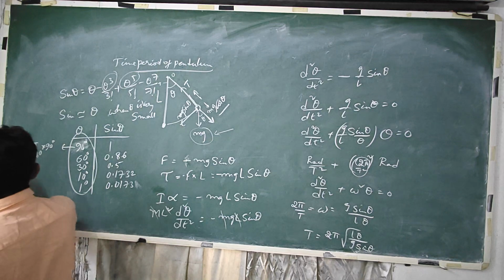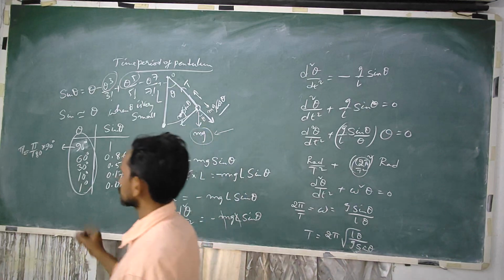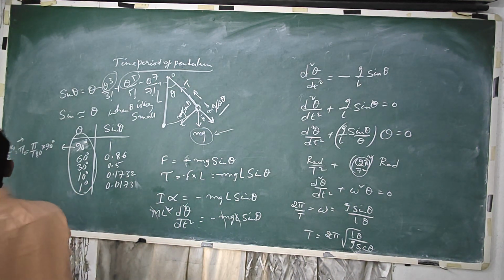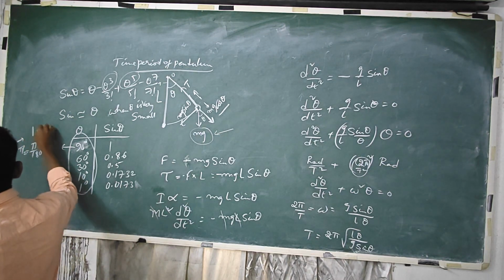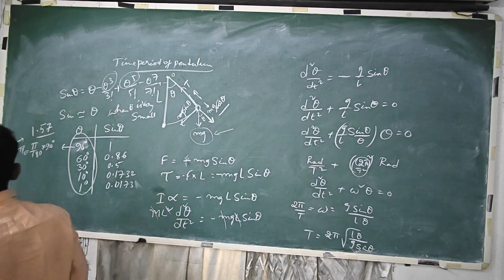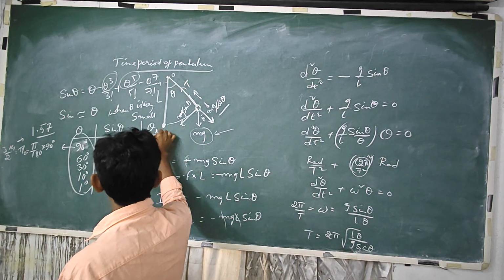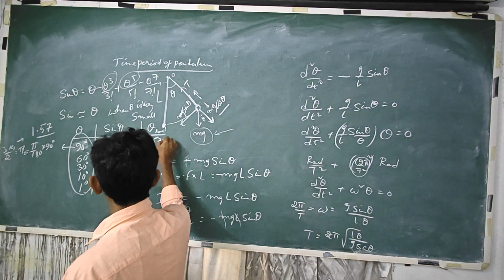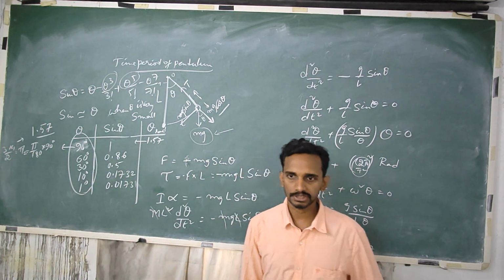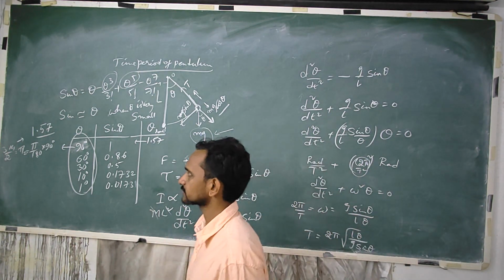Pi by 2 means 3.14 by 2, which is 1.57. So theta in radians is 1.57, and for theta equal to 1.57, sin theta is 1.